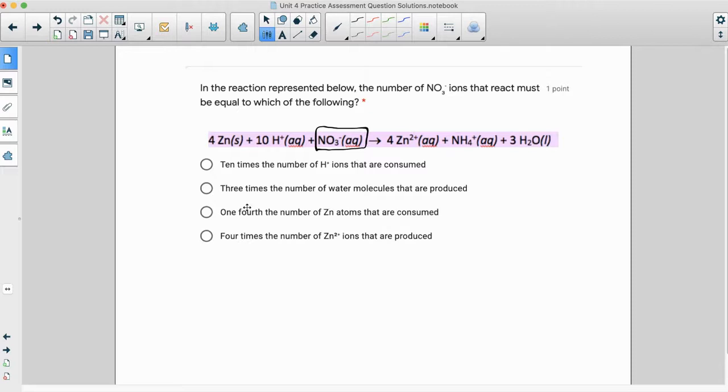If we take a look, 3 times the number of water molecules that are produced, well, the NO3 again is not 3 times the amount of water produced. It is 1/3 of that. It is 1/4 of the zinc, right? The ratio of NO3 to zinc is 1:4. So here is the correct answer here.